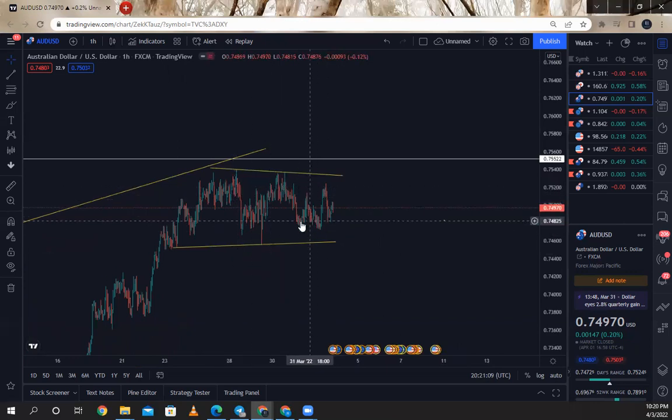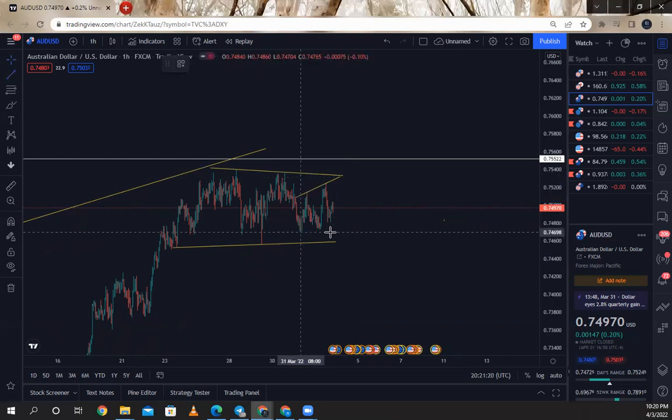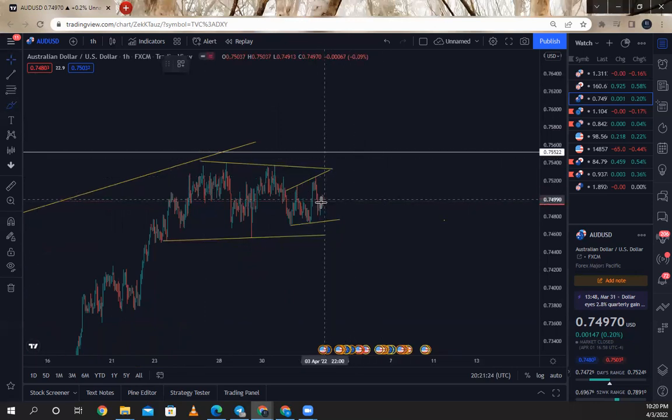We have an impulse correction. This is what is forming there. This is the one that is forming. So this is the structure that we're looking to sell this market out of.